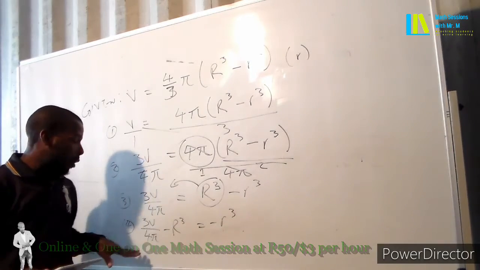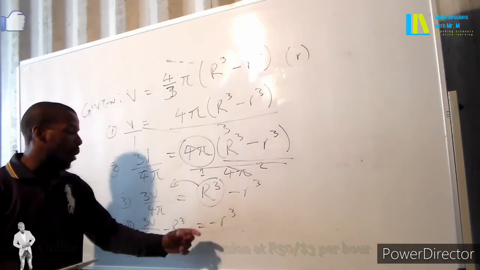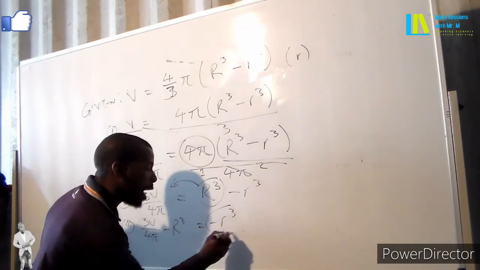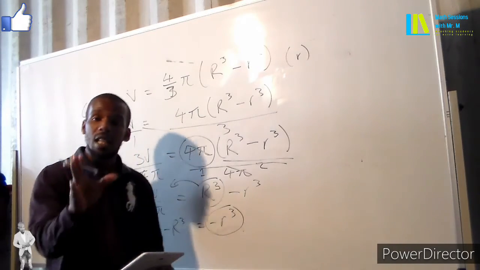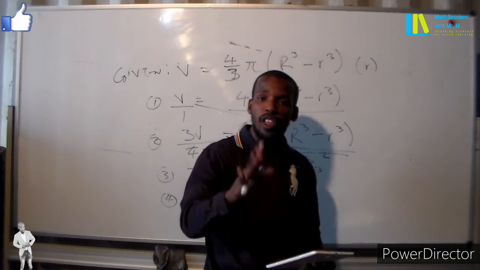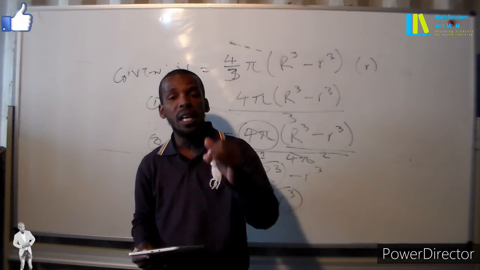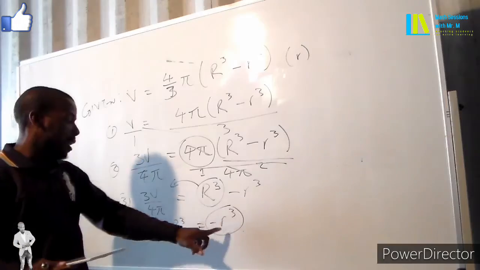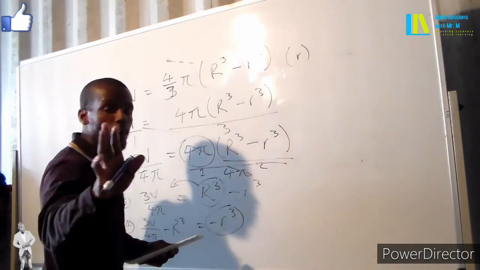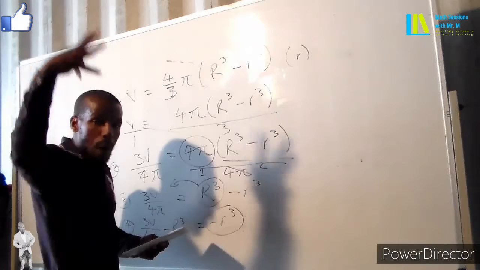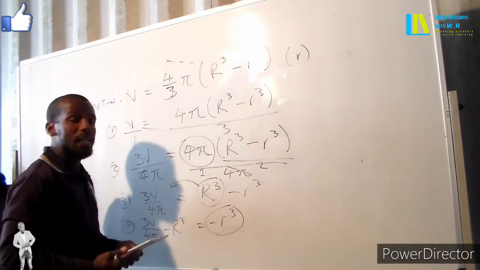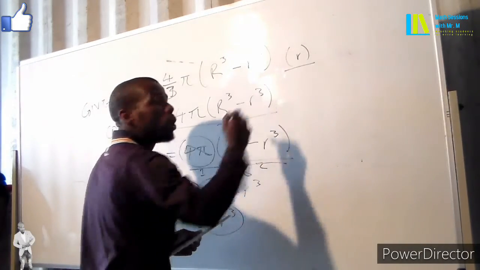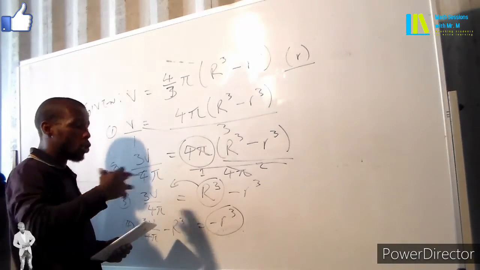Now on this step we have a problem with our small r, because we want to make that small r the subject of the formula. The two problematic things are the negative sign and the power of 3 on the r. We must take away the power and the sign so that we are left with what we are required to solve.